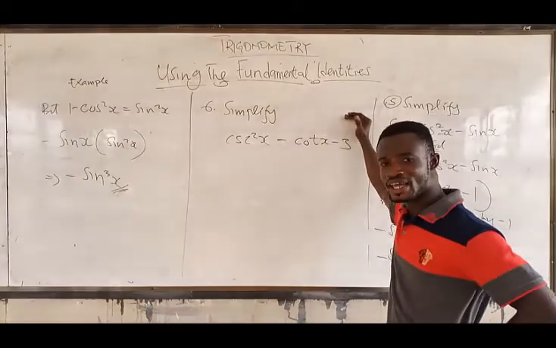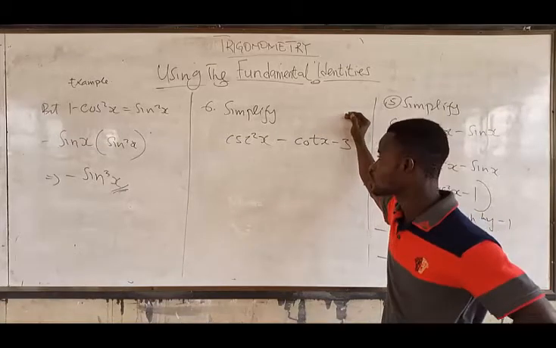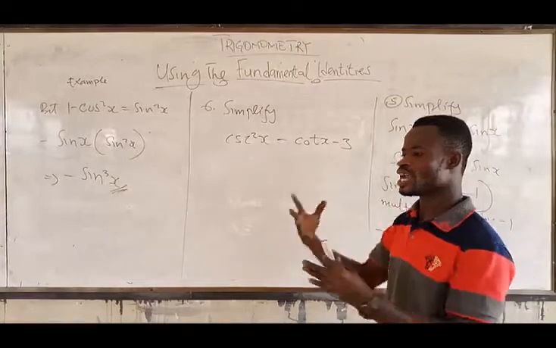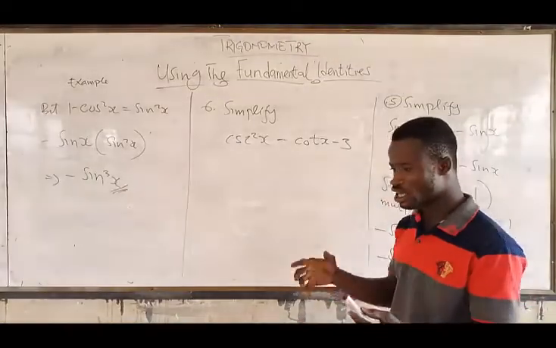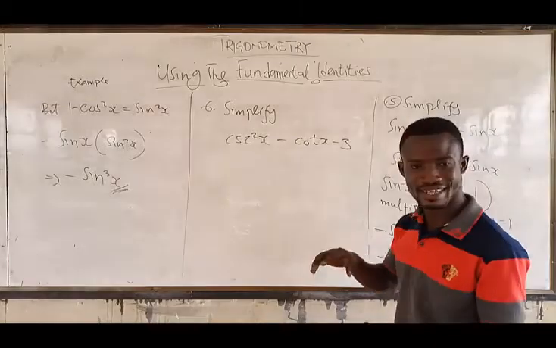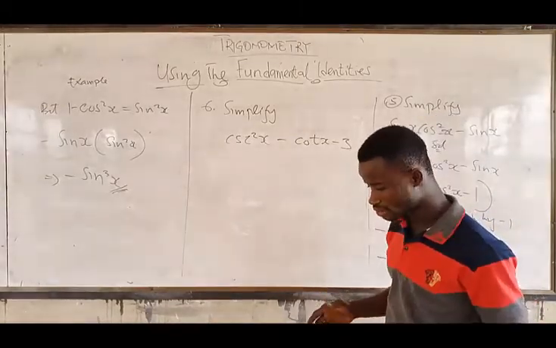Okay, very good. Now, to simplify this, note that here the trigonometric functions are not the same. One is cosec, one is cos. So we have to change it so that we will get it in the same function. And how can we do that?